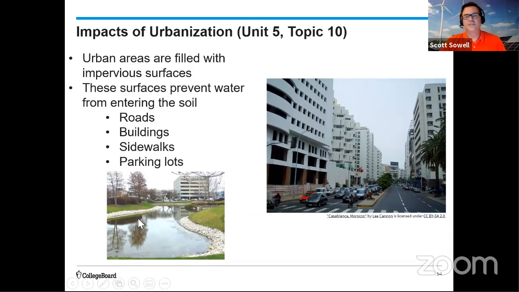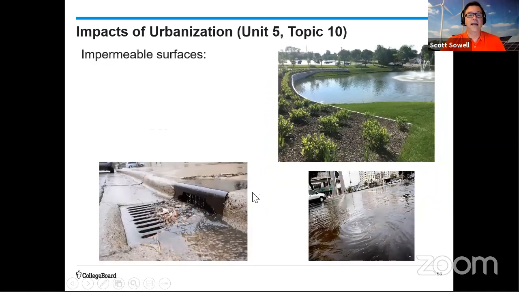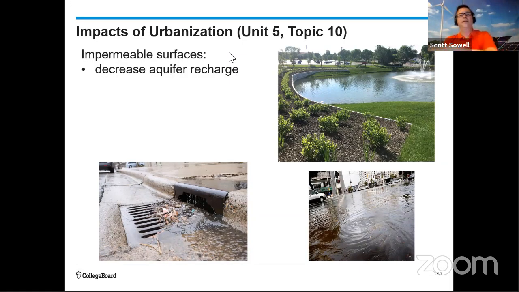But instead, we've kind of sealed it all up, and so the water now moves in a very, very different way. How does it move and what are the problems? Well, clearly, it's not going to allow our aquifers to recharge. Here in Florida, we need rainwater to infiltrate the ground to recharge our aquifer. But if we kind of put the Tupperware lid all over the land and seal it up, the water can't get in there.